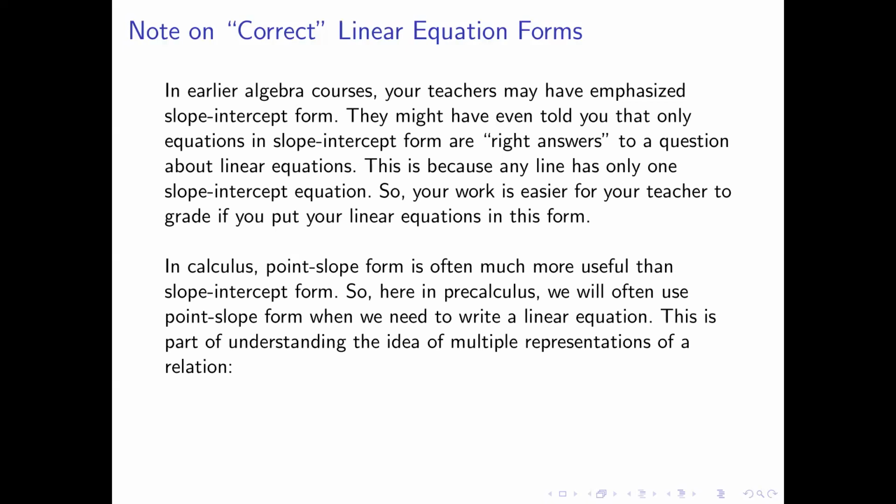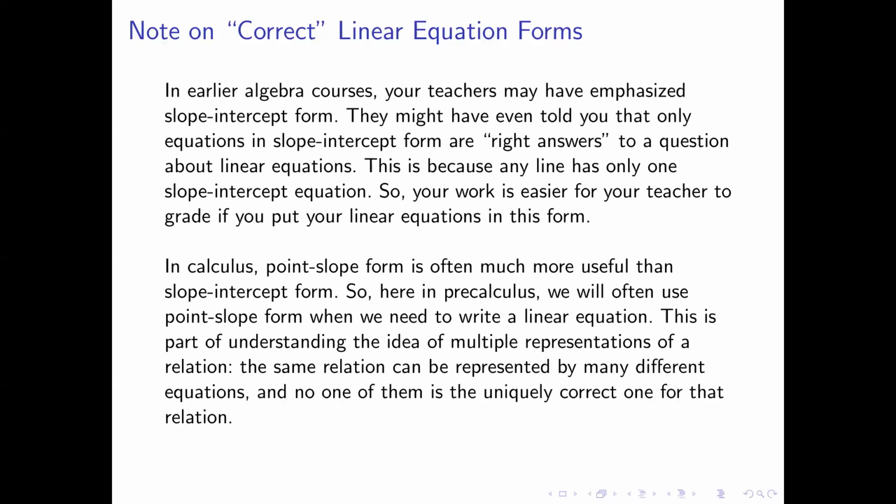And again, this is all part of our central theme of understanding multiple representations of a relation. Not only can the same relation be represented in different ways, numerically, graphically, and analytically, but the same relation can be represented by multiple different analytical representations, multiple different equations. And it's a mistake to say that any one of them is the correct representation or the correct equation for the relation.